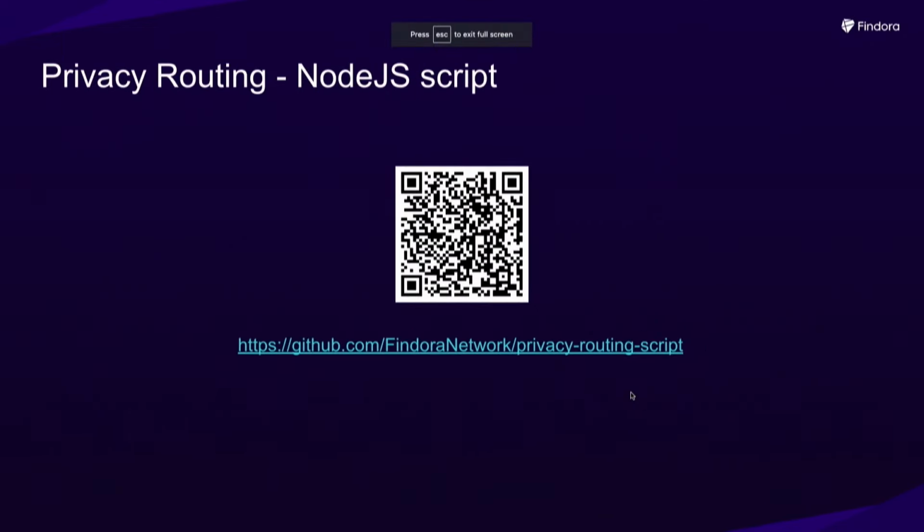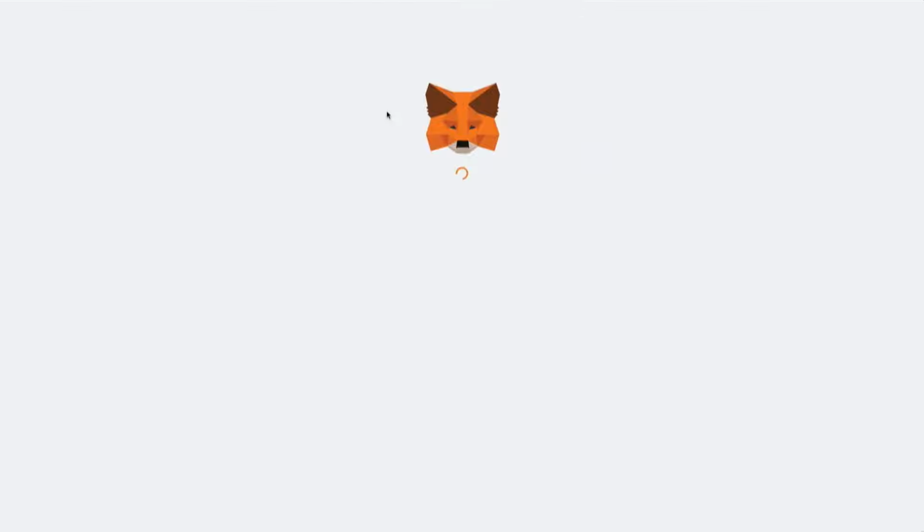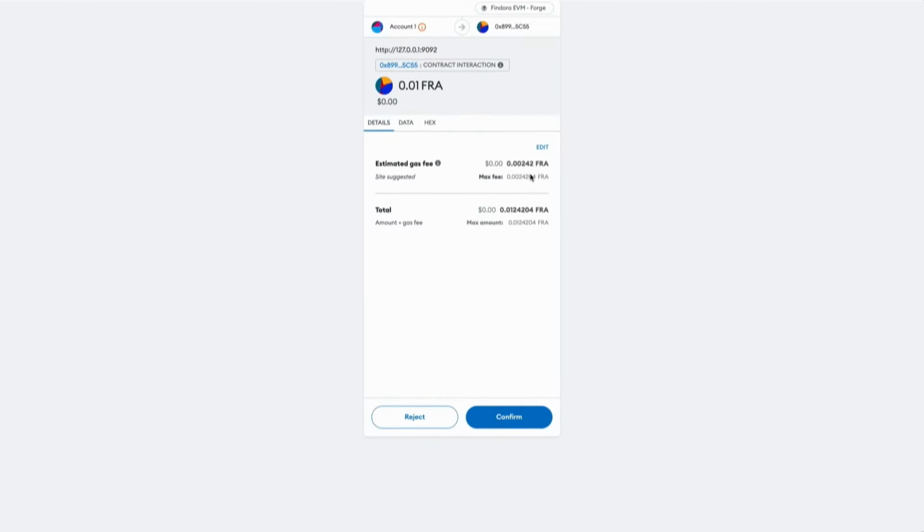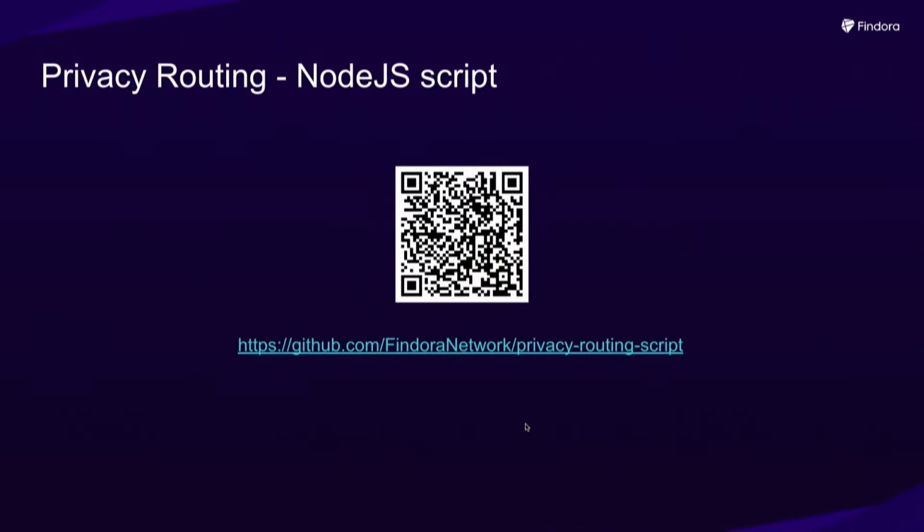Now, if you're doing things on the server side, you can also use it. It was just asking for the gas confirmation. So yeah, coming back. If you're doing things on the Node.js side, you can't, of course, use the web browser version of the privacy routing SDK.